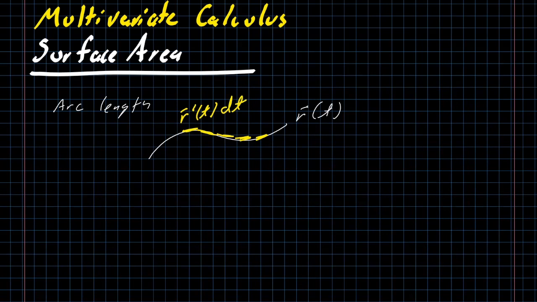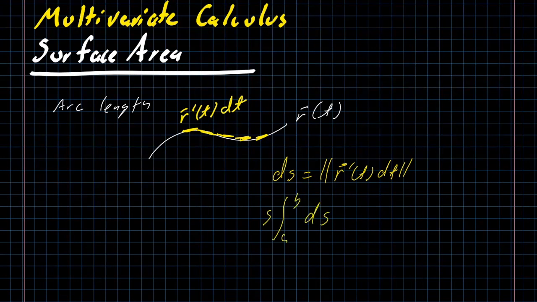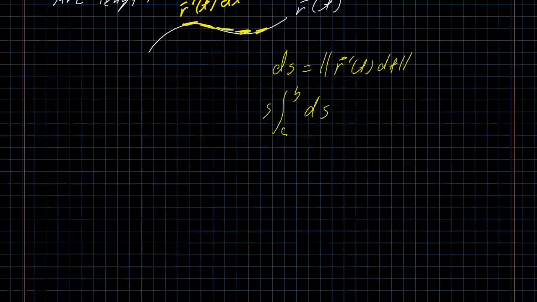We set ds as the magnitude of r prime of t dt, and then we could calculate the arc length by integrating all of those infinitesimally small pieces of the arc, right? So find the vector, find its magnitude, integrate those.